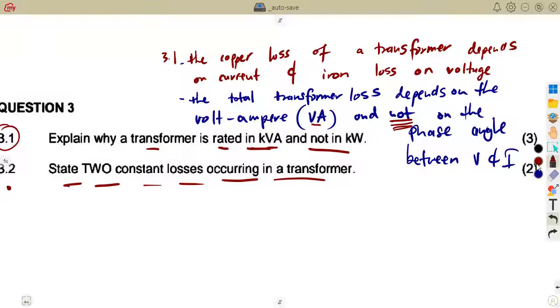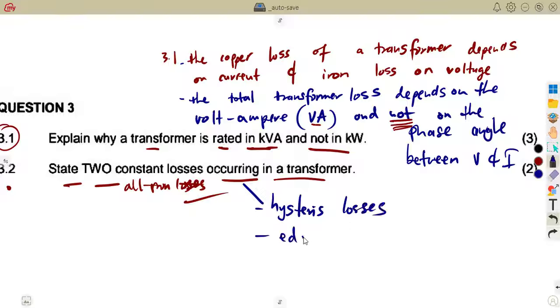So the constant losses, we understand these are all iron losses. If I talk about all the iron losses, it means we are simply going to talk about the hysteresis losses.